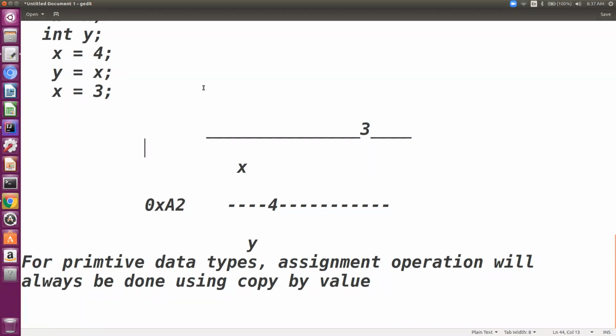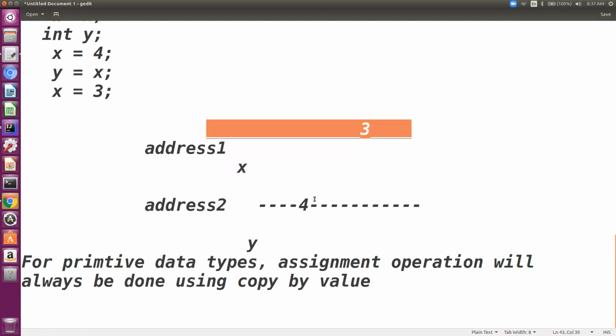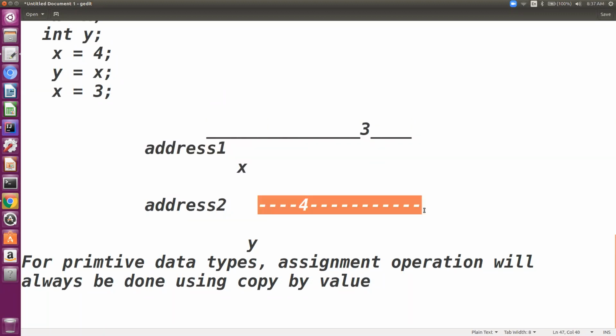So what I am trying to say is that this is a hypothetical address 1 and this is address 2. What I want to emphasize is that this cell location is different from this cell location. That is all I am trying to say.